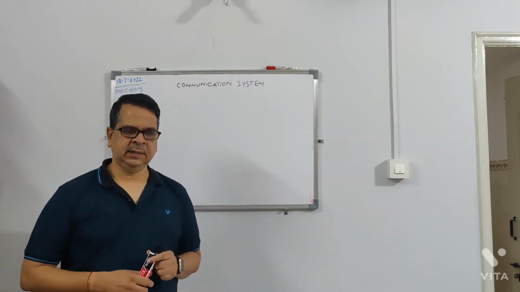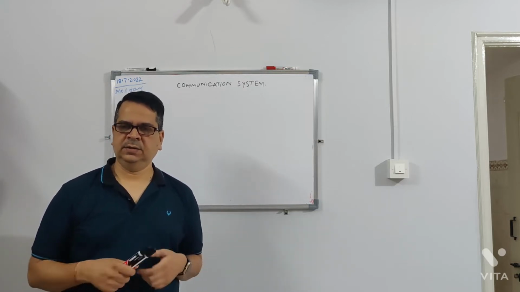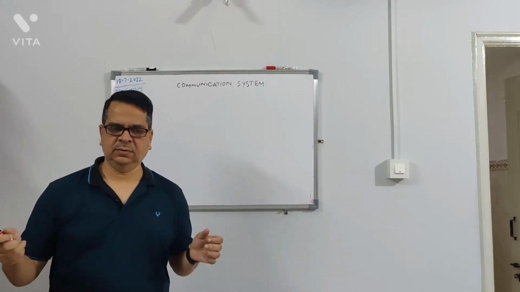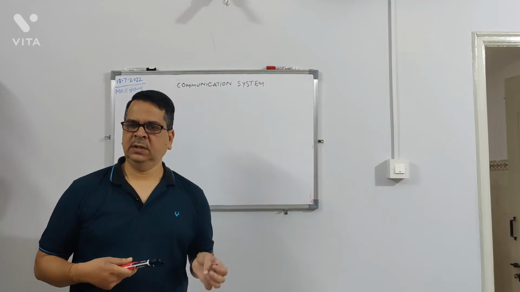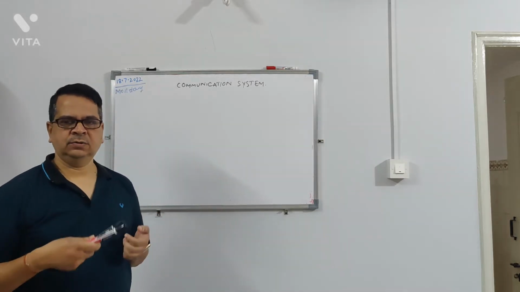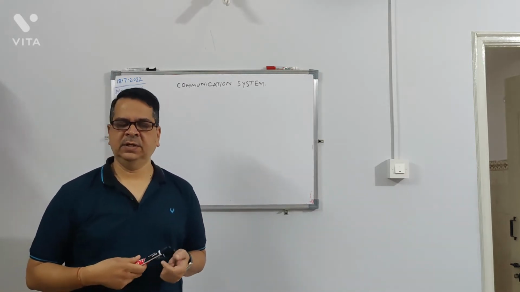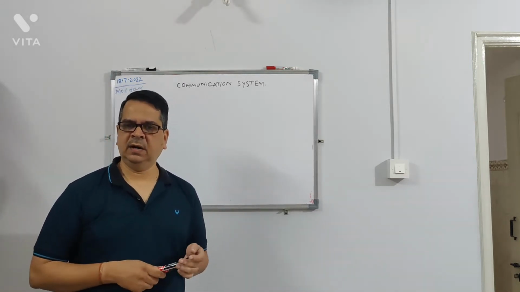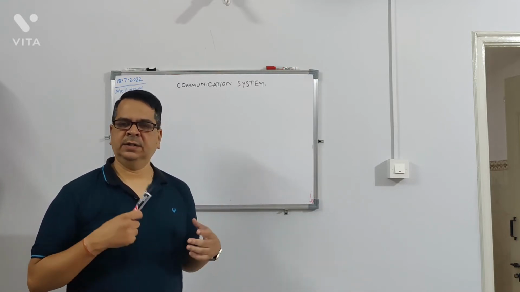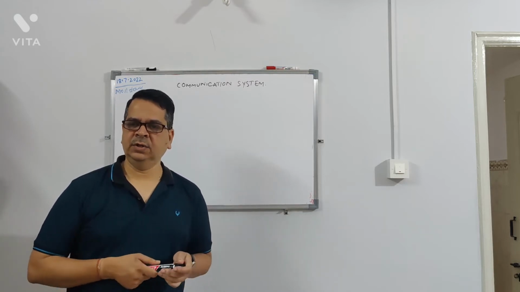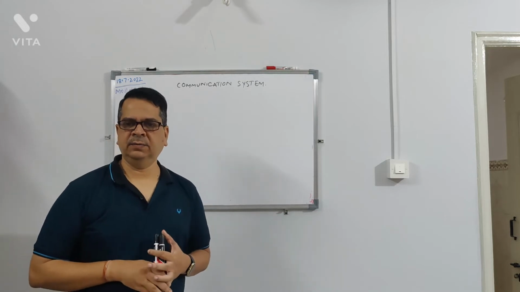Then to carry that electrical signal from the transmitter to the receiver, if the distance is too high, you have to do some kind of modulation so that you superimpose the base signal with a carrier signal of very high frequency, so the high frequency wave can travel long distance. So we do the modulation, then at the receiver end again we do the demodulation. Okay. So till that point we have discussed.